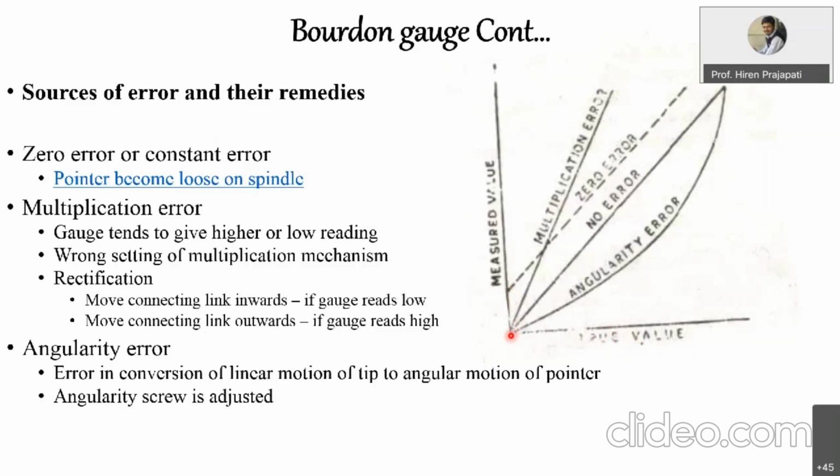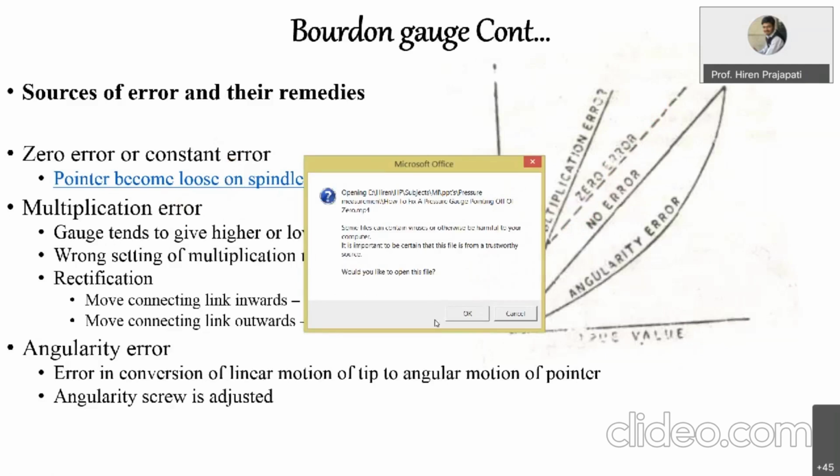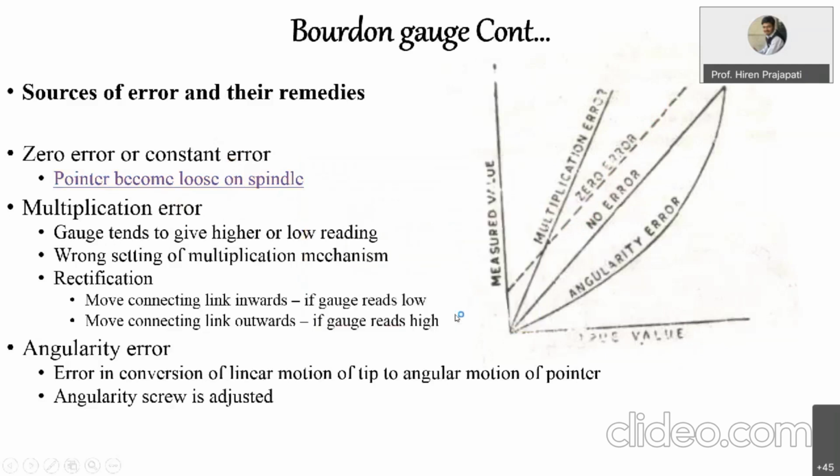So there is no pressure given to this bourdon tube pressure gauge, but still that pointer is showing us some positive value, and this value remains constant throughout the range of measurement. That's why it is called a zero error or constant error, right? So to see the internal mechanism, let us go to this video.